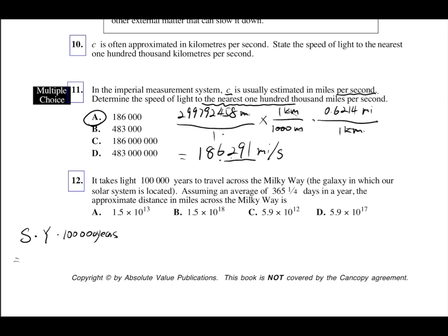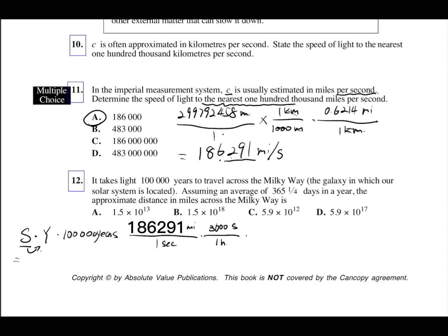Because this speed is per second, we need to change into years. The first thing is we have our speed, miles divided by 1 second. And we change seconds, 3,600 seconds equals 1 hour.